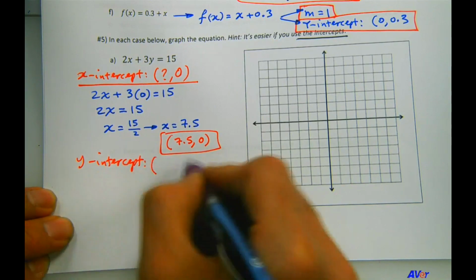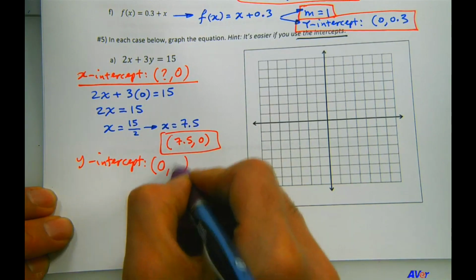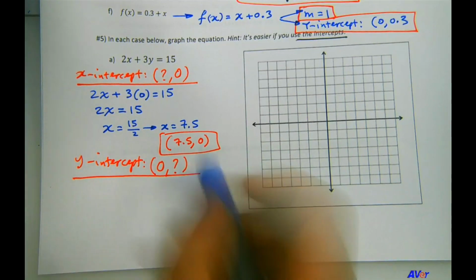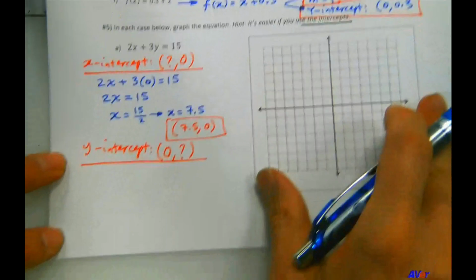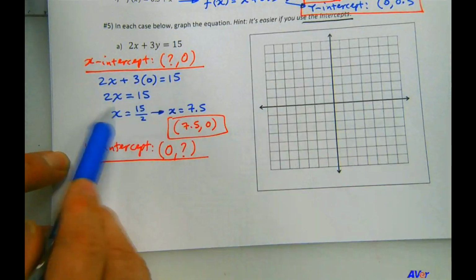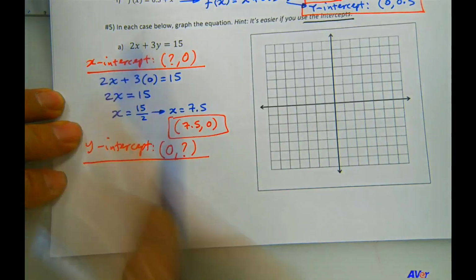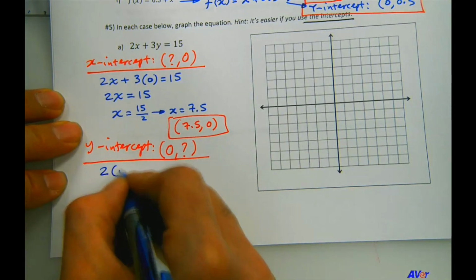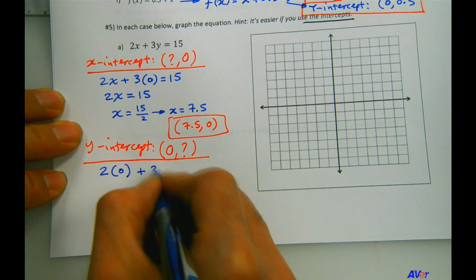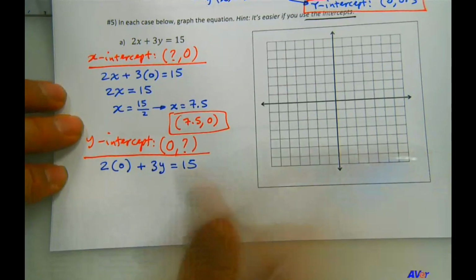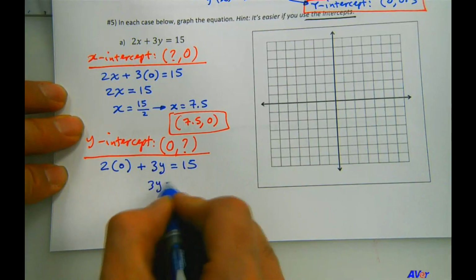The y-intercept is when the x value equals 0, and we'll be looking for y. So in that equation, one more time, let's substitute for x with 0 and solve for y. Okay, so 3y equals 15.